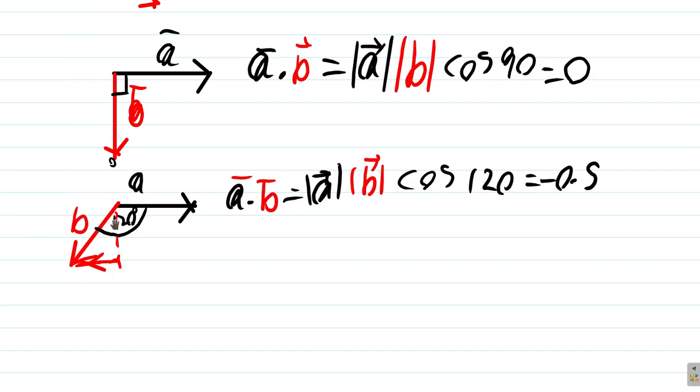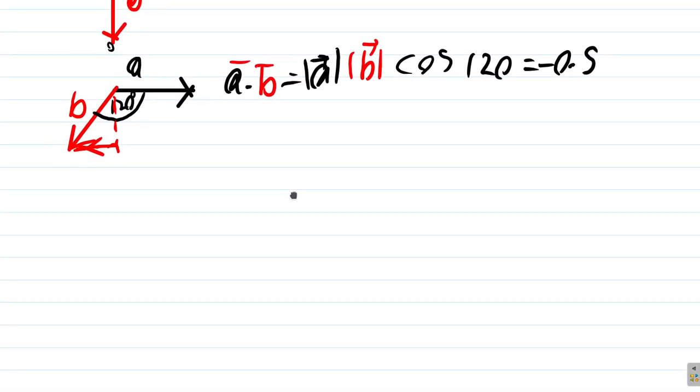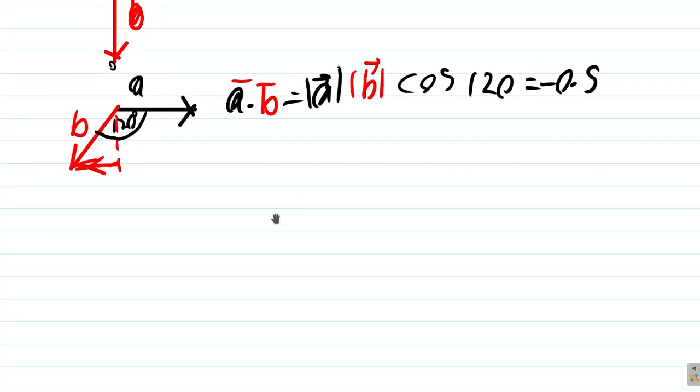But this makes it worse now. B is opposing A, it's fighting against A, it's pulling against A, opposing A, right? So it's not that it's helping partially or none at all, it's actually opposing A. Part of B is opposing A. Alright, so see that product there.